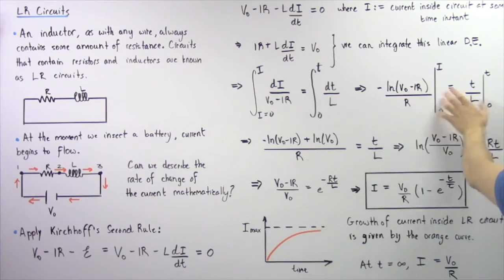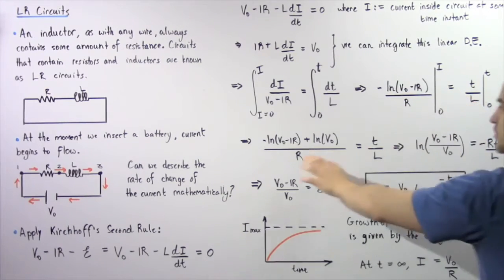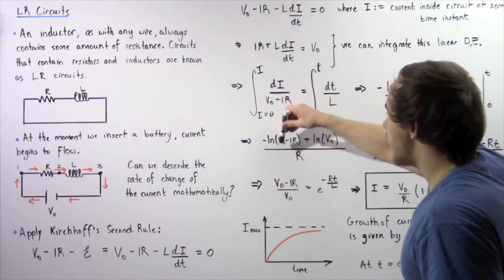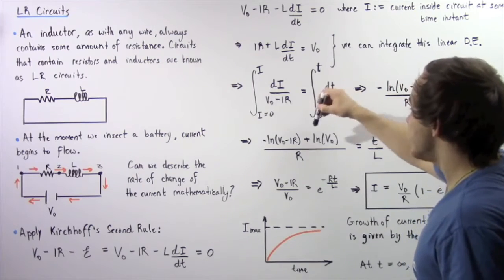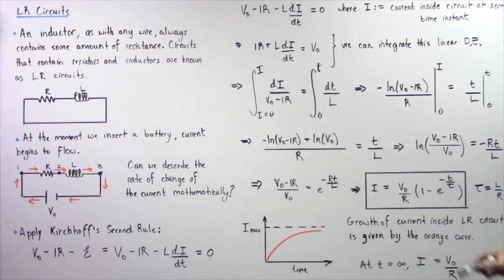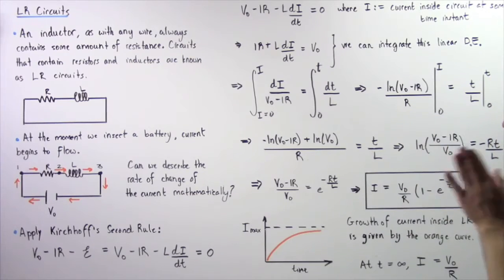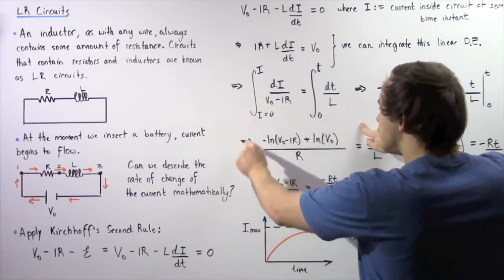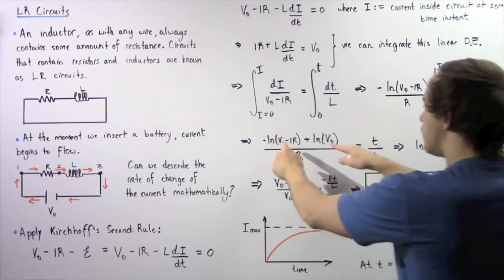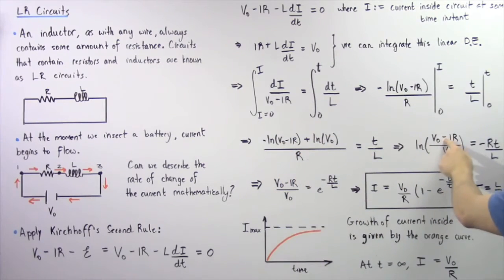If we evaluate these integrals, we get negative ln of V0 minus IR plus the natural log of V0 divided by R on the left, and t divided by L on the right. Now if we apply the laws of logs, we combine these and get this result.